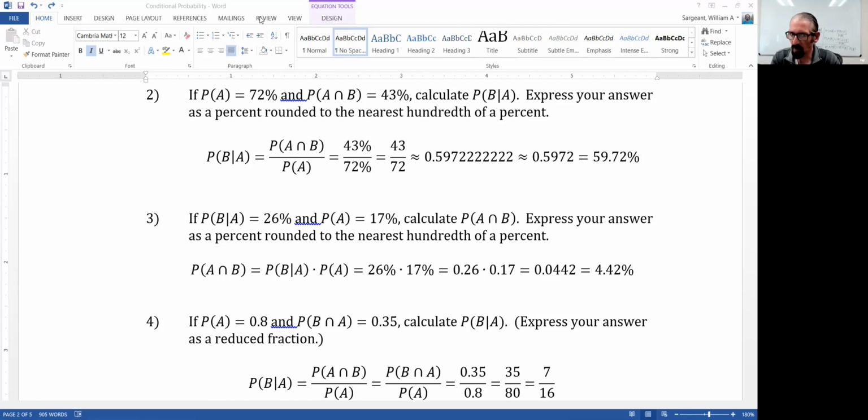It is as a decimal. And then if you press math, and the very first option, press enter a few times, there is our 7/16.